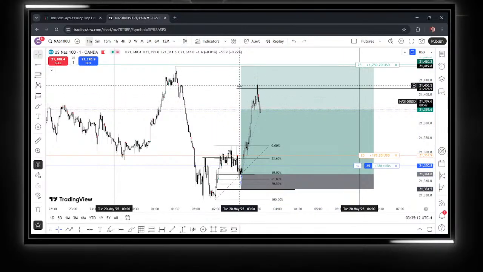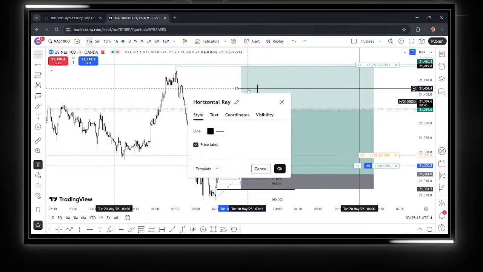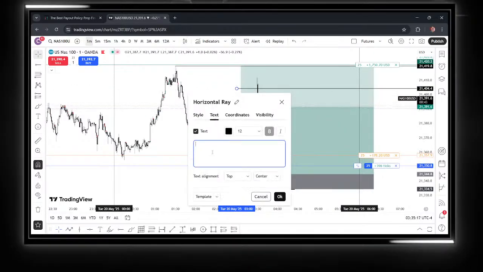From this level here, we know that this is where our 80% of the trade is.